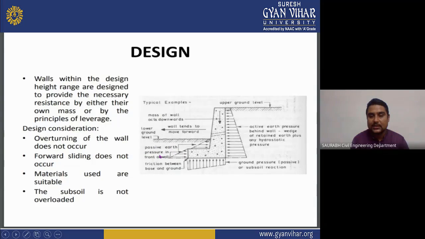This is the lower ground level, and this is GL, also known as ground level. The wall tends to move forward, meaning there will be some inclination in the wall, and the mass of the wall acts downward.